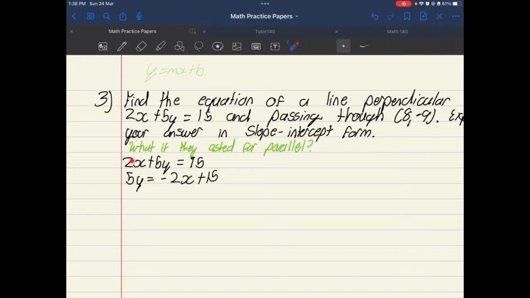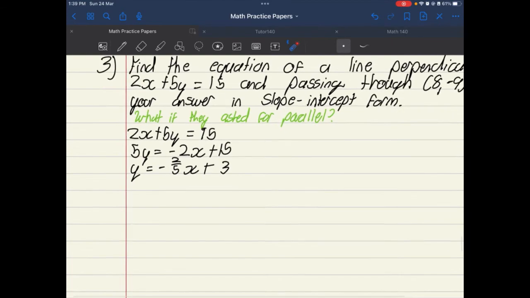We subtract 2x from both sides, and the 2x cancels on this side. So we have negative 2x plus 15. I put the 2x first because I just want it in this form. Now divide by 5. So we have y equal to negative 2 over 5 x plus 3, since 15 divided by 5 is 3. Okay, so let's talk about the slope.